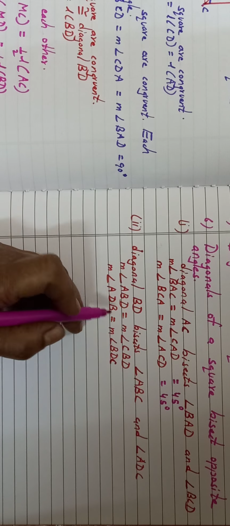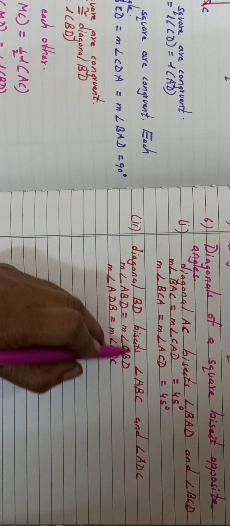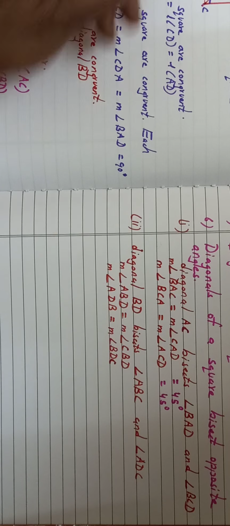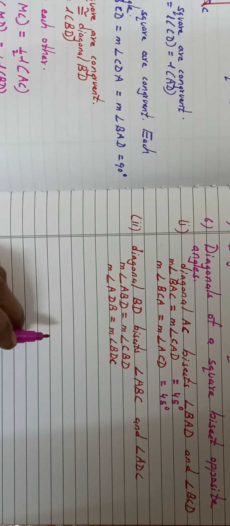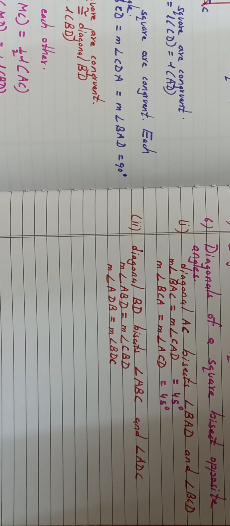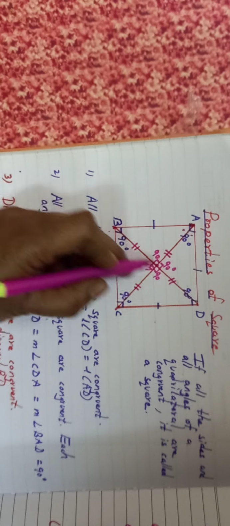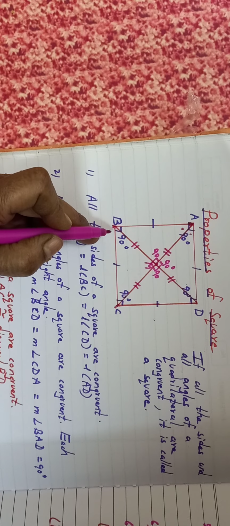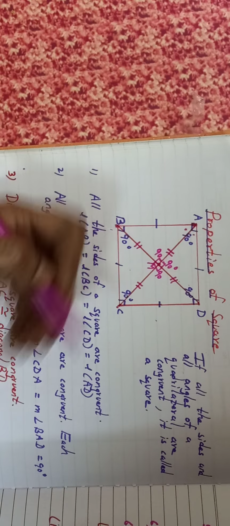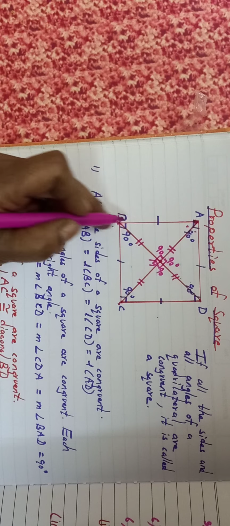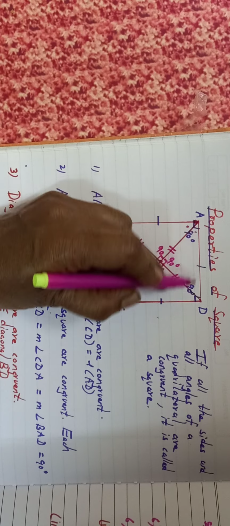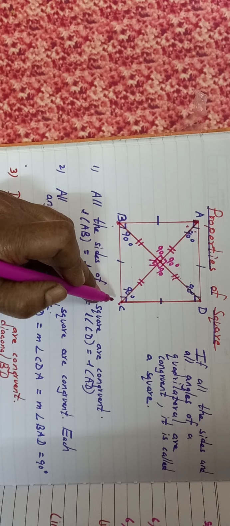Same way, diagonal BD bisects angle ABC and ADC, which I explained y'all. So here, in the same way, if you look at it, BD, you can understand it very easily. This diagonal BD bisects the opposite angles. Opposite angles we have discussed. Angle ABC is opposite to angle ADC.